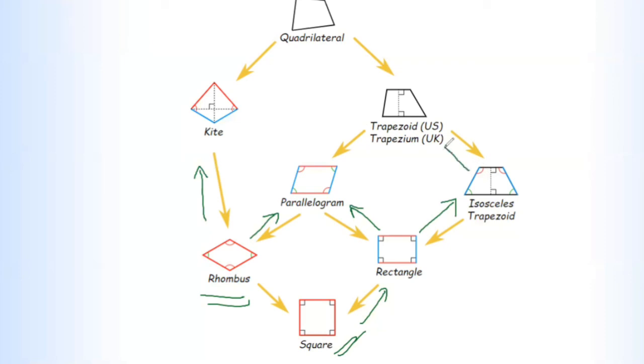And all isosceles trapezoids are trapezium or trapezoid, because the condition to become a trapezoid is only that opposite sides have to be parallel. For an isosceles trapezoid, one more condition is extra. That's the only difference. So all isosceles trapezoids are obviously trapezoids, and all parallelograms are trapezoids.